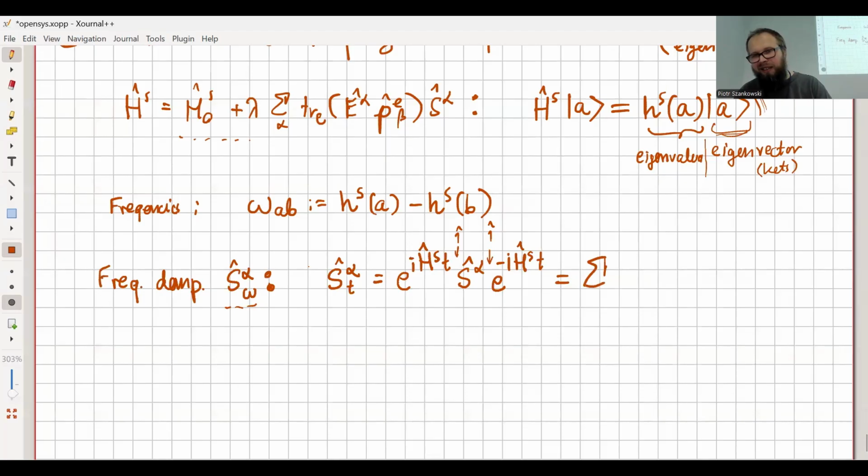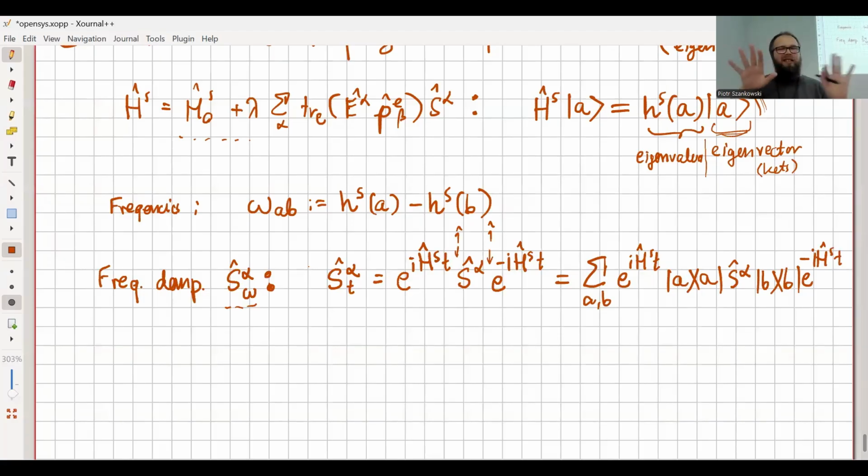So we can write it as a sum over a, b of e^{iHt}|a><a| S_alpha |b><b|. Okay, I just inserted identities and decomposed them in bases.